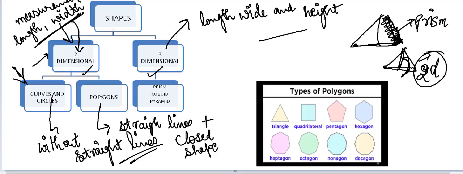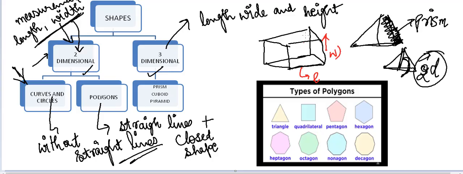Similarly, we have a cuboid structure. For a cuboid, we have length, this is the length, then we have width, this is the width, and this is the height.